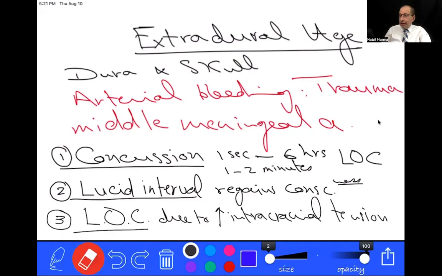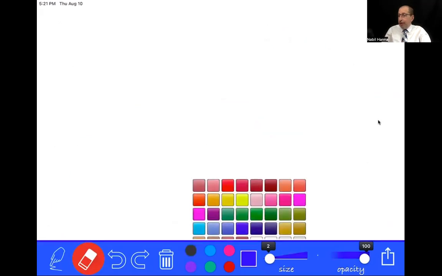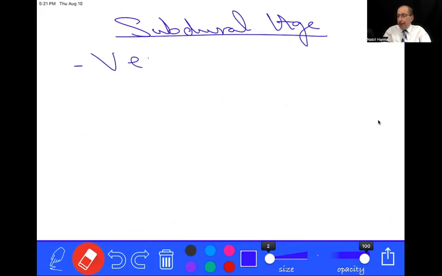Moving on to the subdural hemorrhage. In subdural hemorrhage, the source of bleeding is usually venous, and venous bleeding is slow bleeding, less dangerous than extradural hemorrhage.